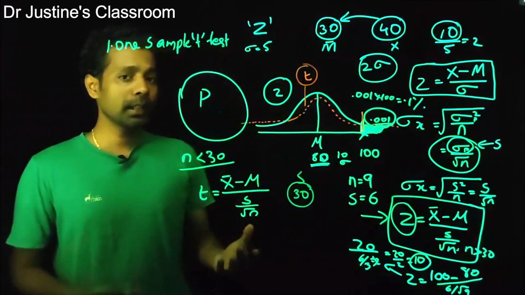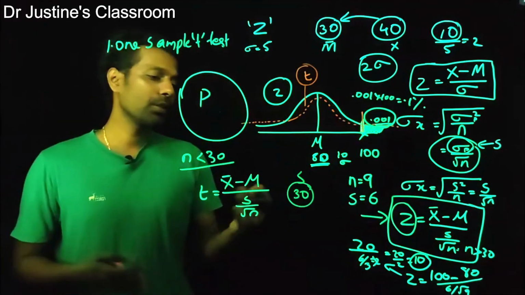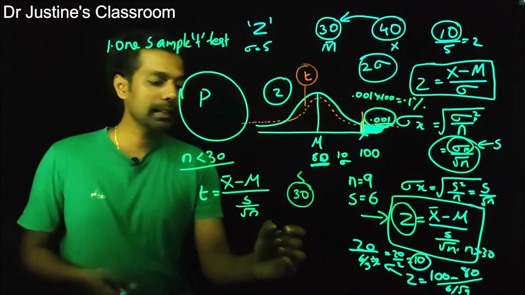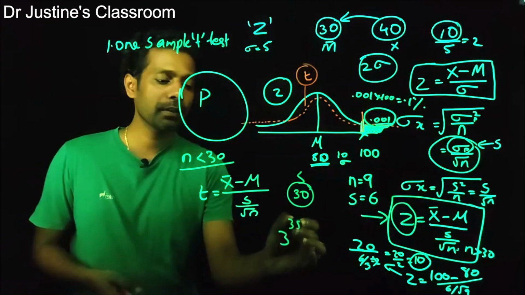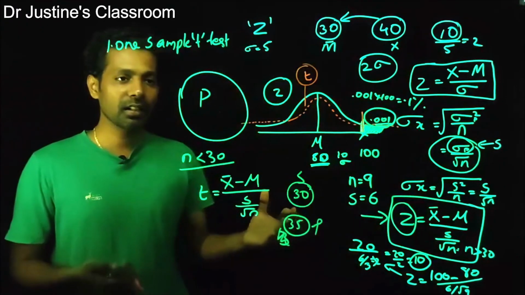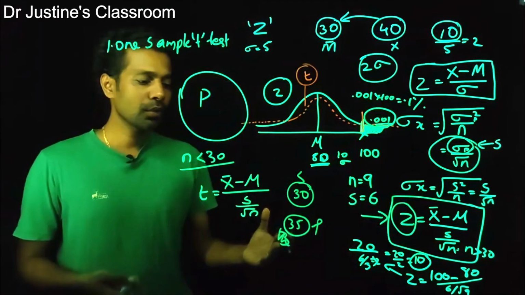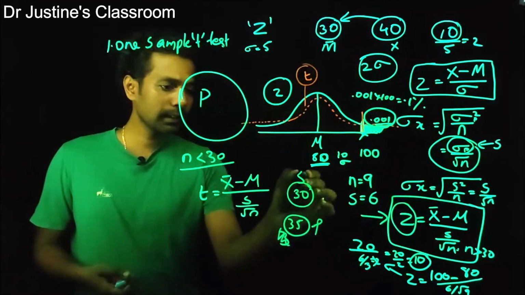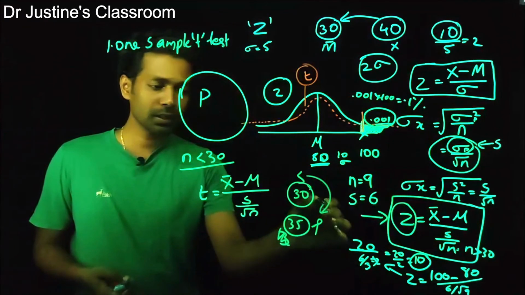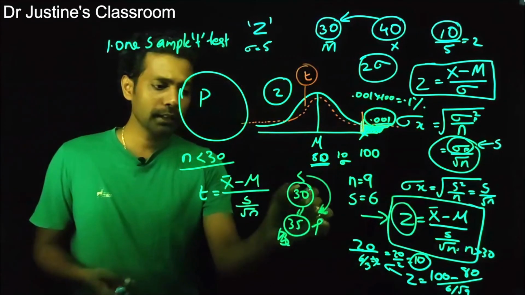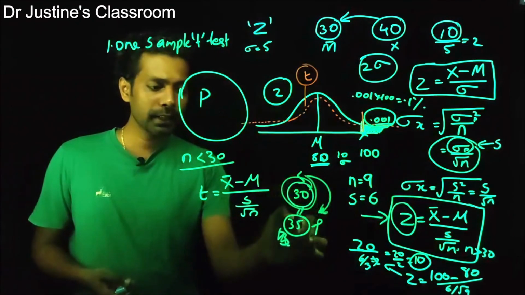And I know that the social maturity score of students from third standard is 35. This is the population. In general, third standard students' social maturity score is 35. Now my question is whether this sample belongs to this population. Is the difference between 35 and the sample value of 30 significantly different?